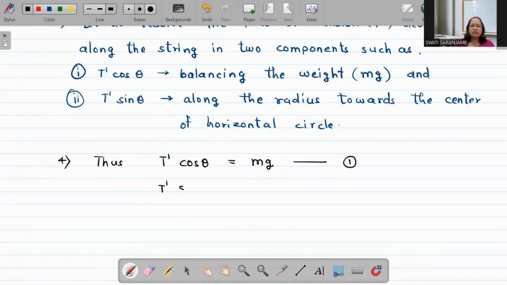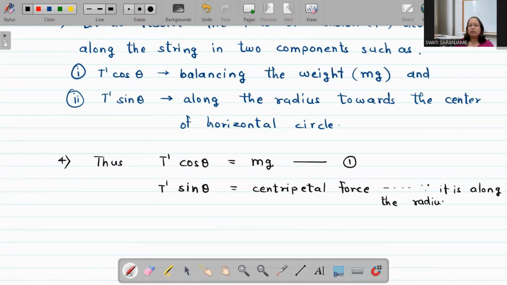And T dash sine theta, which is providing centripetal force, is along the radius towards the center.